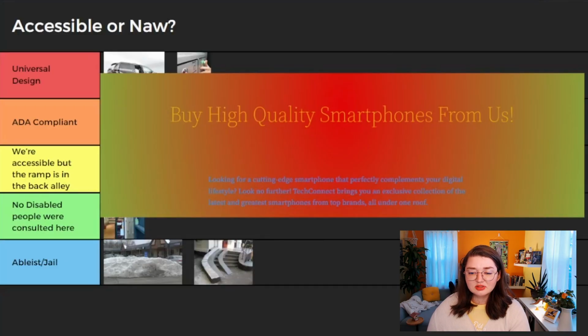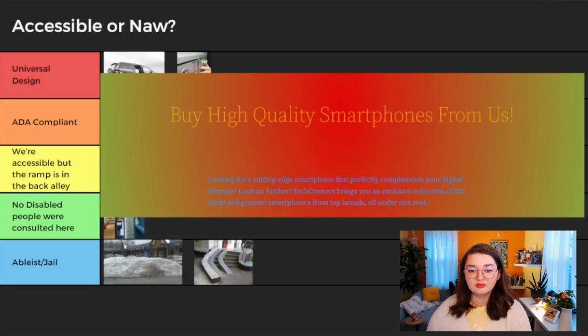Okay, next up we have this one. This is so bad, and for so many reasons. This is obviously a screen cap from a website, and this will be particularly bad for our low vision friends. God, for so many reasons. So the background, first of all, is multicolored, which makes things really confusing.